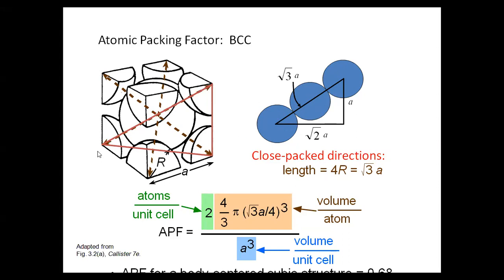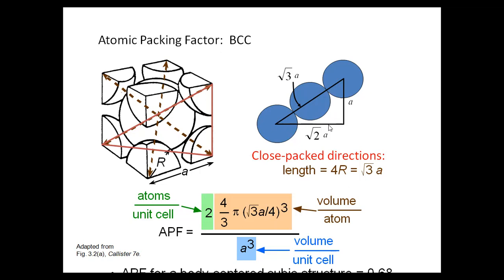When you run a diagonal from this point through the body-centered atom to this corner, this is how it will look. There's no void space that you will come across.